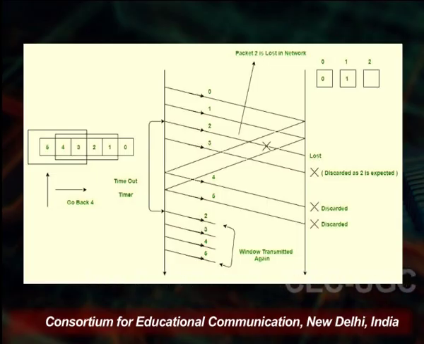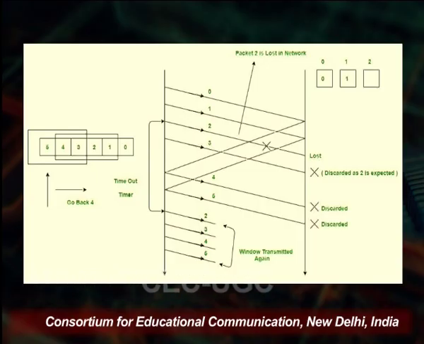You can see 'lost' is written there. But 3 is received at the receiver end, and 3 is not expected, so it is going to discard it and send ACK1 again, so that all the subsequent ones can be resent. Even if there are 4 and 5 other packets, they will be discarded at the receiver's end.